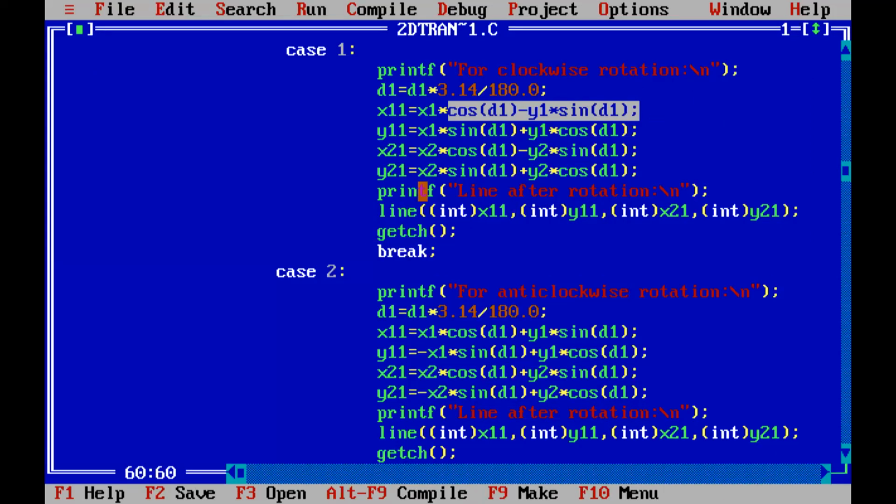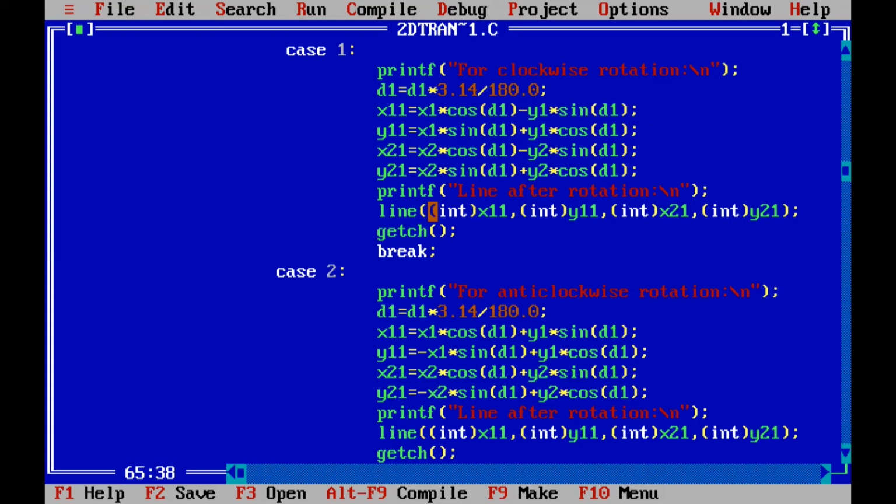So now the parameters are with us, and it is our turn to display the line. The line after rotation is displayed by using the line command. Why is the type conversion to integer taking place?